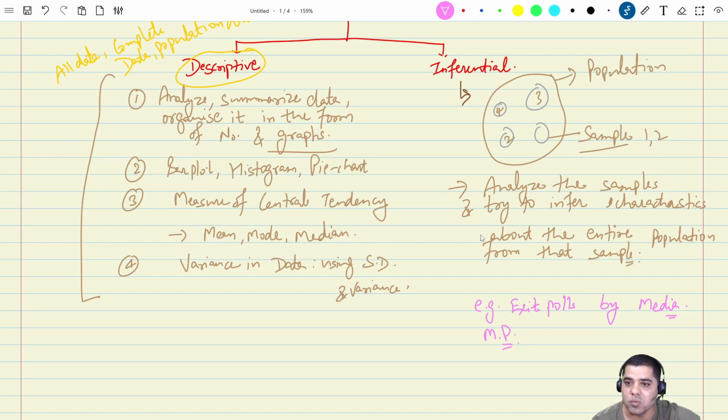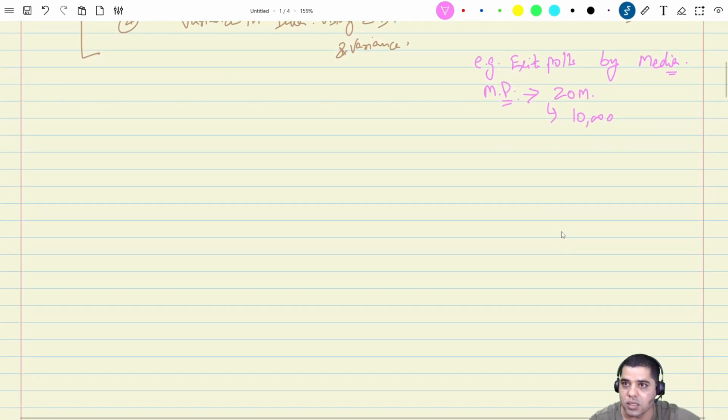Out of the total population, for example, let's assume the total population of MP state is 20 million. Out of 20 million, they cannot do the survey on all 20 million voters, right? But they take around, let's say, 10,000 voters, do a survey on them, and analyze their results, which party they are favoring.